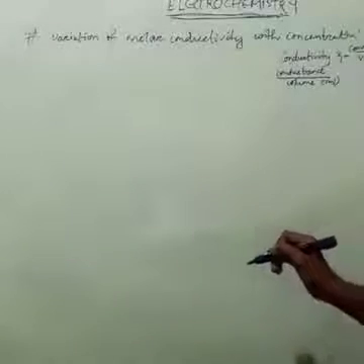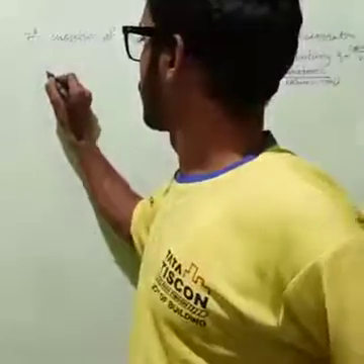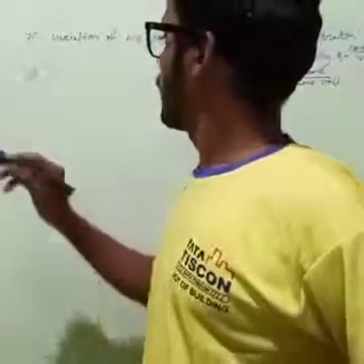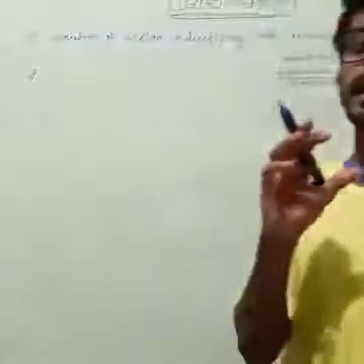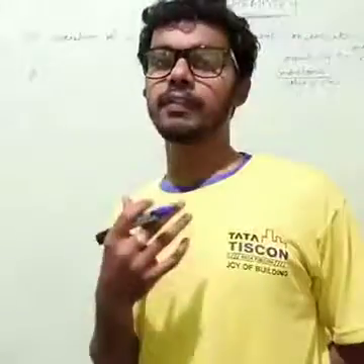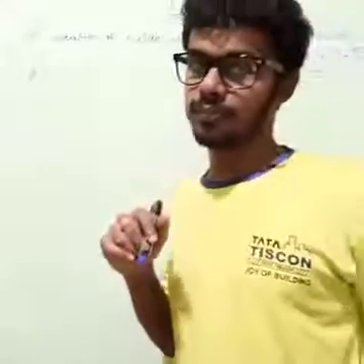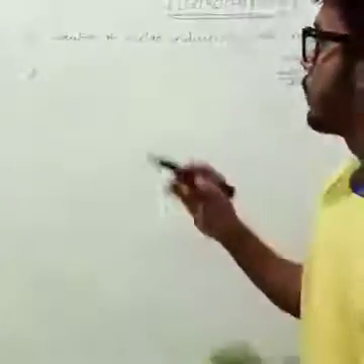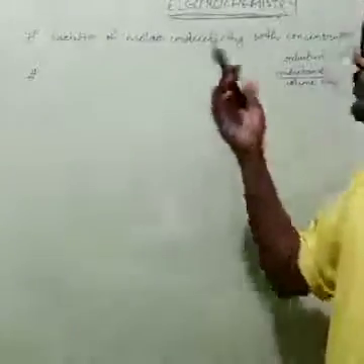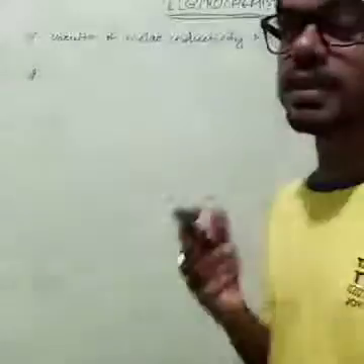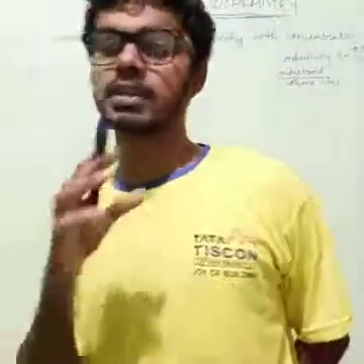Okay, right. So for solid metals we can easily calculate the conductivity and resistivity according to the Wheatstone bridge. But whenever the question comes to an ionic solution, how will you measure the conductivity of a solution?